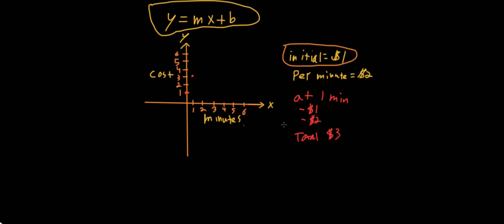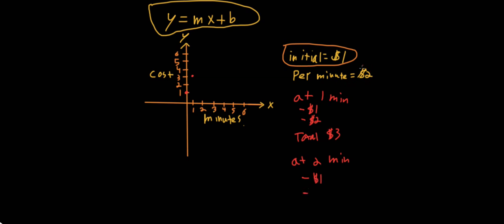Let's do a couple more points. Let's say you ride it for 2 minutes. Once again, you're paying the initial fee, which is $1. That's always going to be there. You're also paying for 2 minutes.